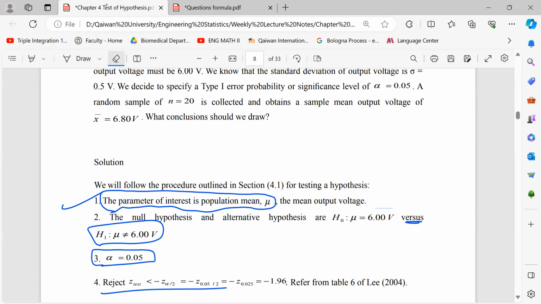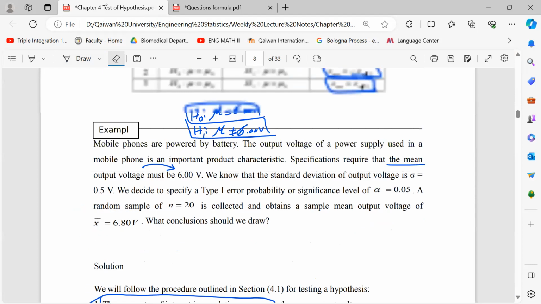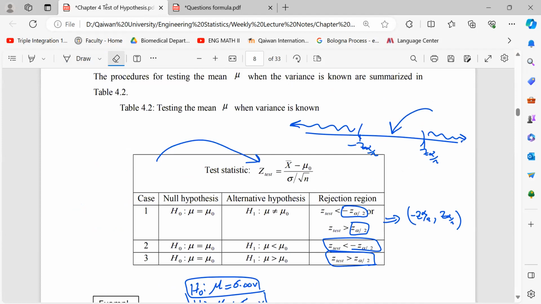All are the same, but it's important to recognize which topic it is. Only this formula is going to be changed. Nothing else. Even here, it would be a z-test or a chi-square test or t-test or f-test. That will be changed.